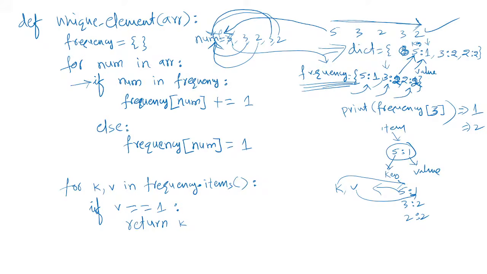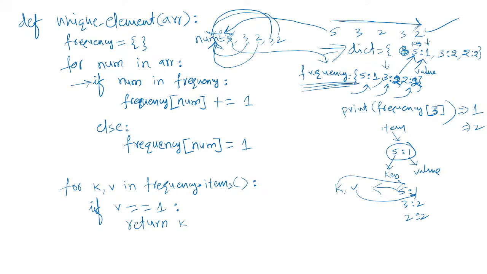For this we require a dictionary called frequency. We are storing the frequency of each element inside this dictionary, no? So an empty dictionary will be defined here. Then run a loop: for num in array, for each element in the array.